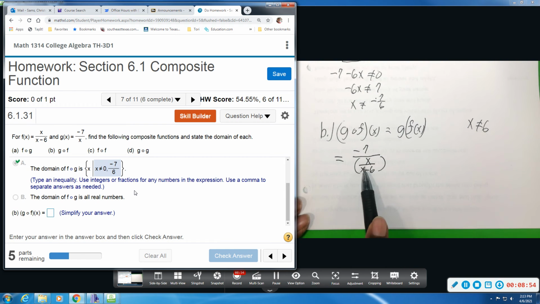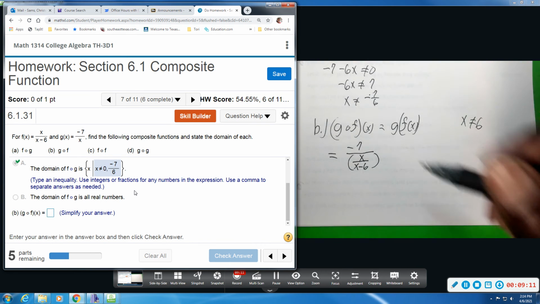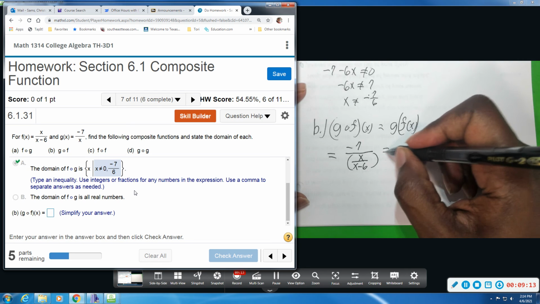So this time we just have a denominator in the bottom, so we just have a fraction within a fraction. So there's a couple things you can do. You can do the same method we did here, which is multiply top and bottom by the common denominator, which would just be x minus 6. Or you can think of it as keep, change, flip.